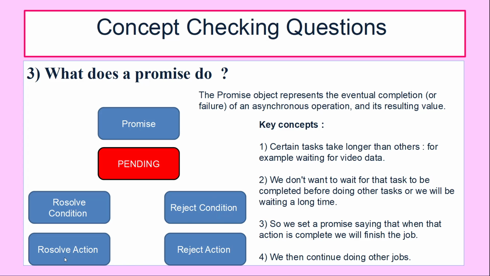And then you have a resolve action, which is once the promise has been completed, what do you do next? But the main thing is it's saying, well, I will do this, but I can't do this right now. Give me a bit of time, and while I'm waiting, you can do some other stuff.